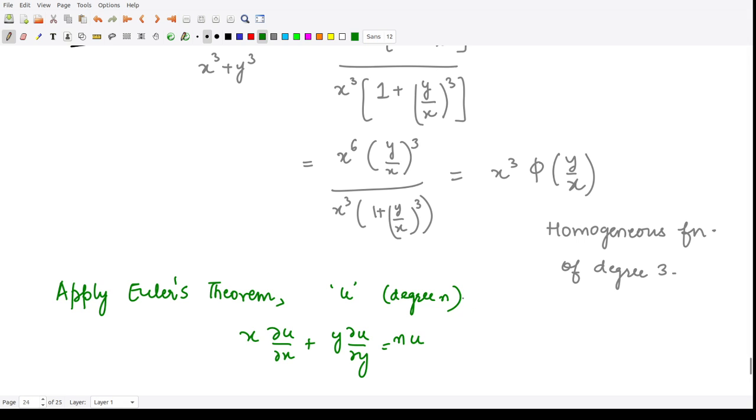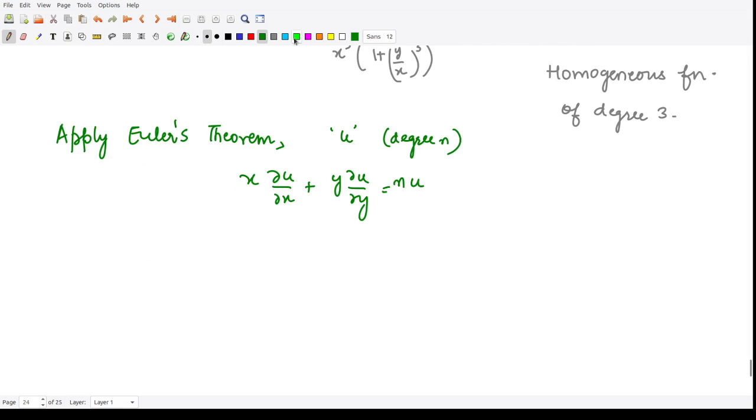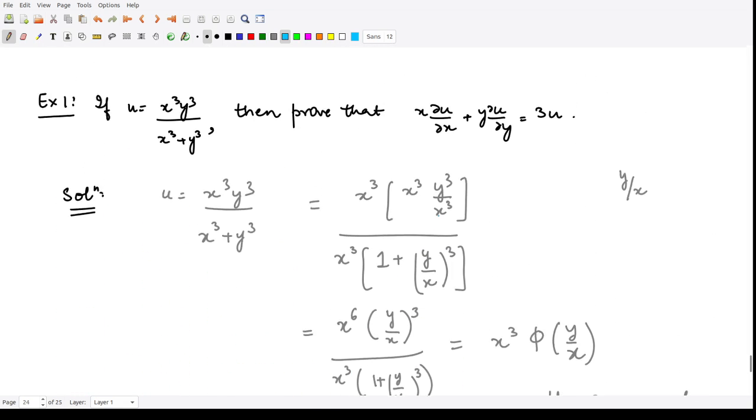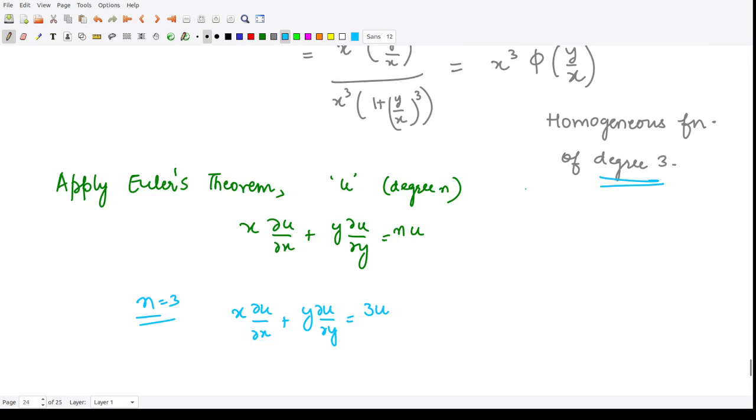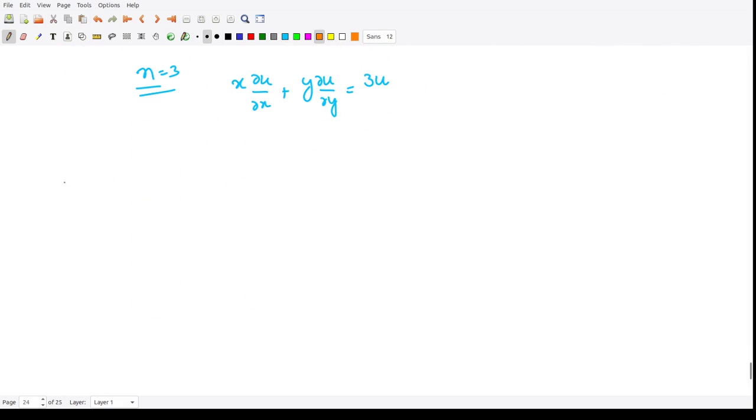So by this result, because we have degree 3 in this case, this is a homogeneous function of degree 3, therefore x into del u by del x plus y into del u by del y is equal to 3 into u. This is the answer, and this is what we were required to prove, that x into del u by del x plus y into del u by del y is equal to 3u. So let us now proceed to the second question.